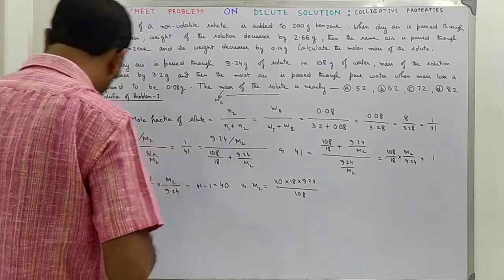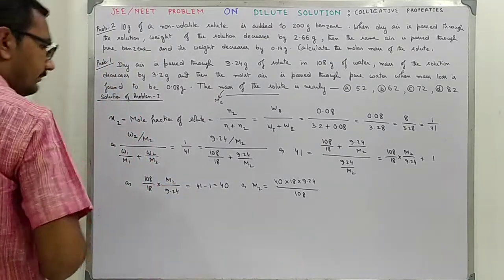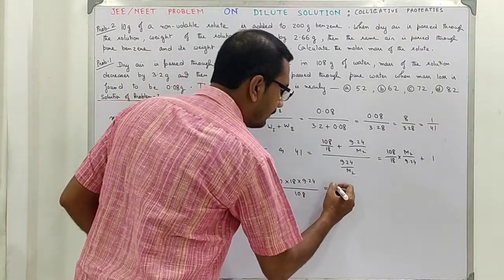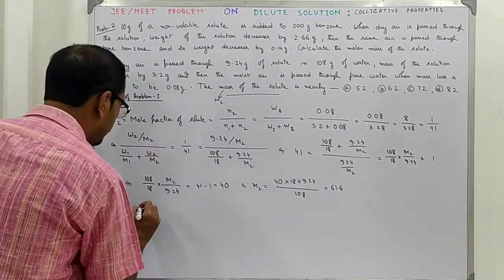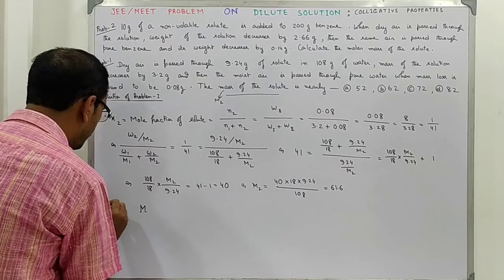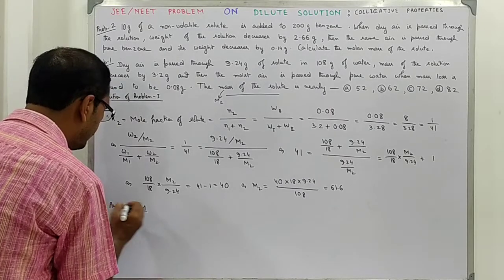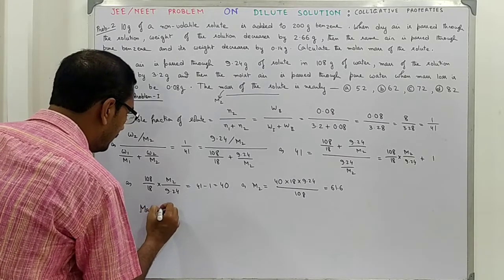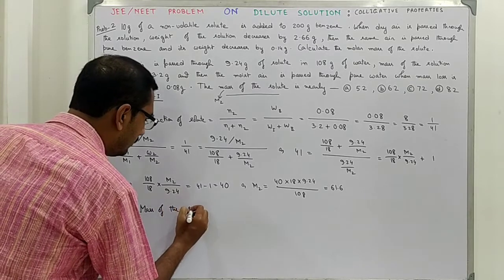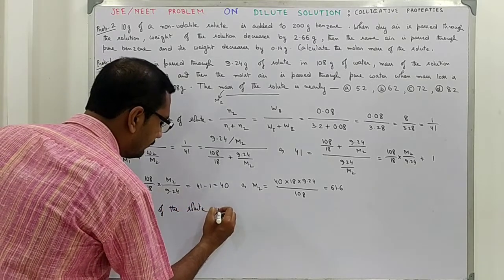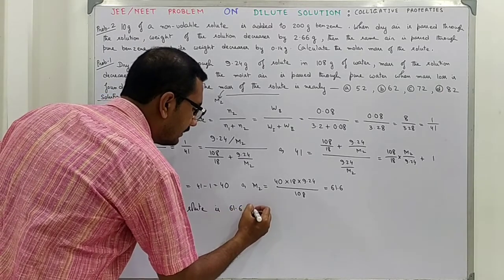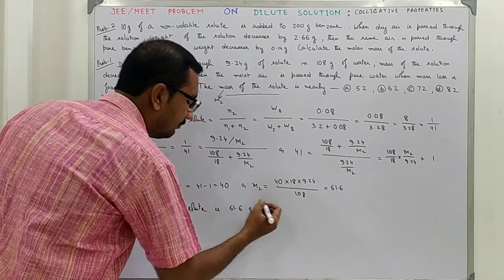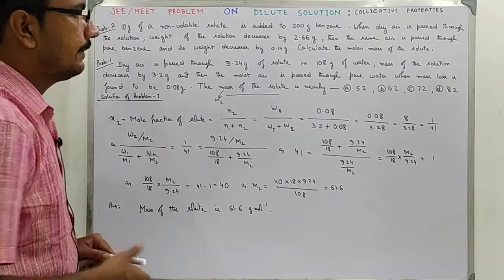So it is 61.6. So what is the answer? The mass of the solute is 61.6 gram per mole. This is the answer.